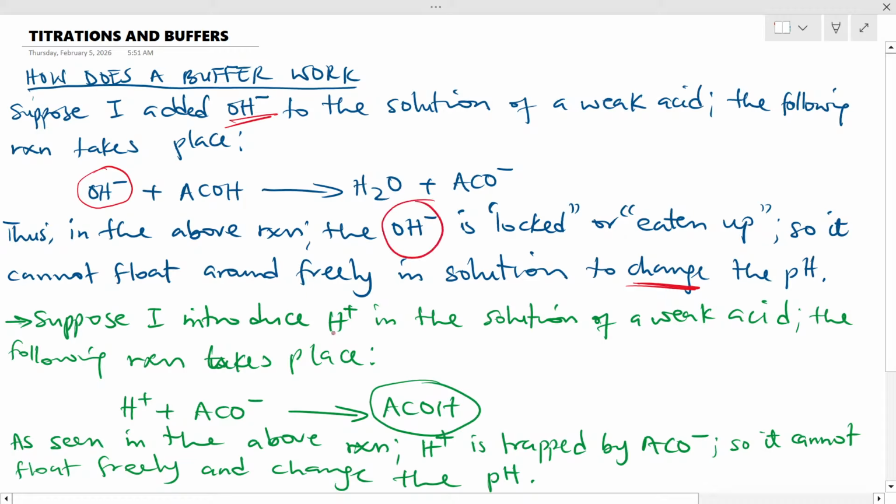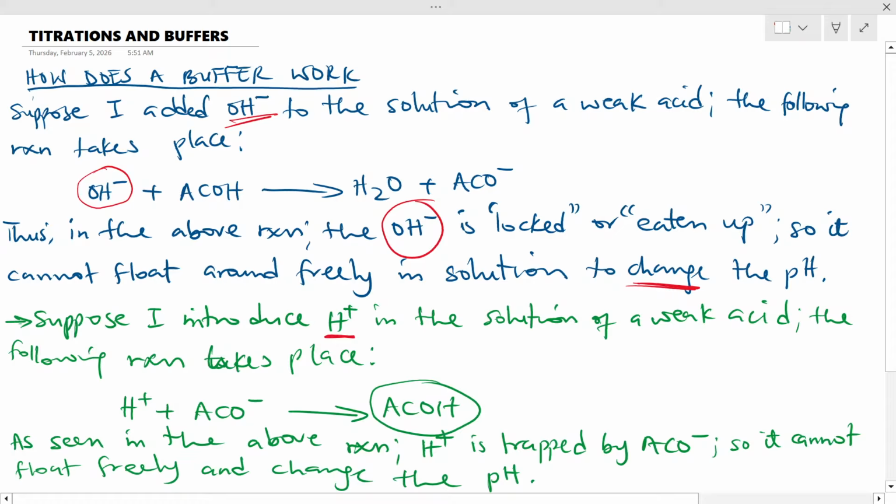Now you can also talk about what? The acid. So supposing you now introduce the acid in the solution, and introduce the proton, which is your H plus, in the solution of a weak acid. Okay, so the following reaction will take place.